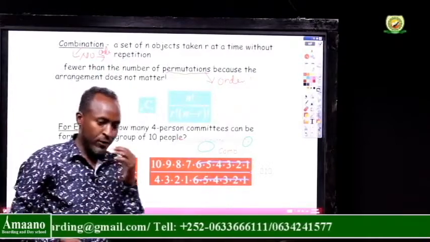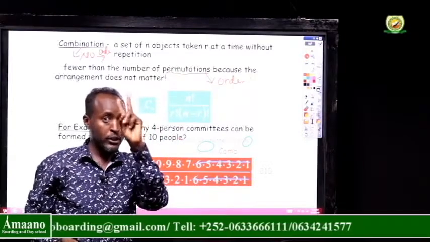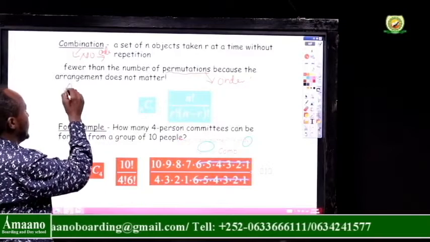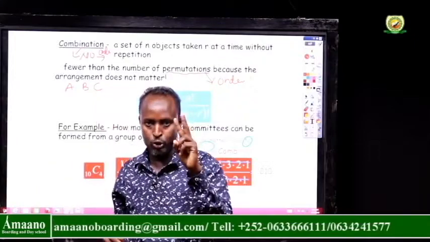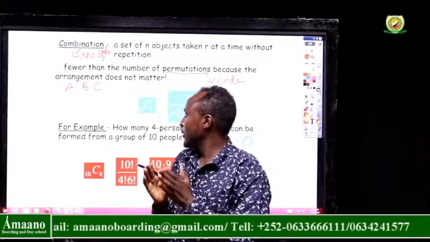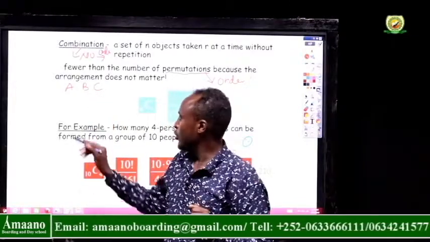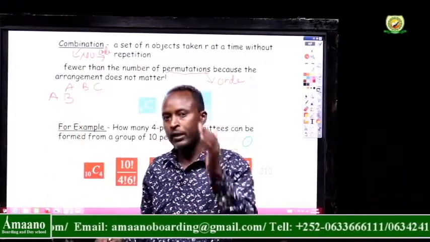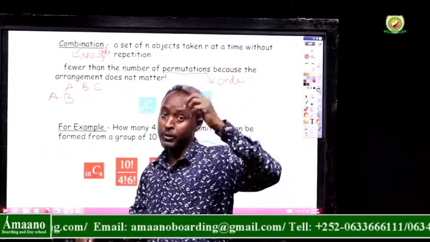Look, if we have 3 students and we want to select a committee of 2 students, we have A, B, and C, these 3 students. In how many committees of 2 students can we form from 3 students? AB is one committee, consisting of A and B. Can we form another group called BA?